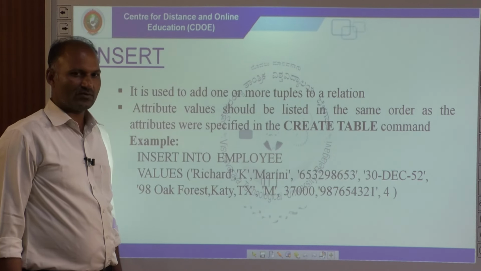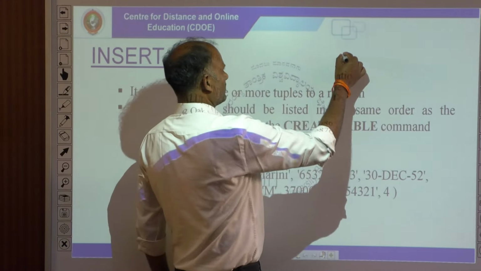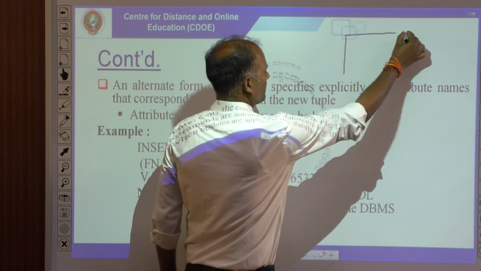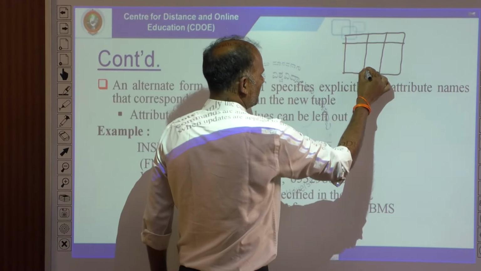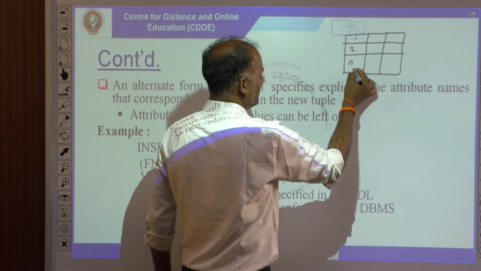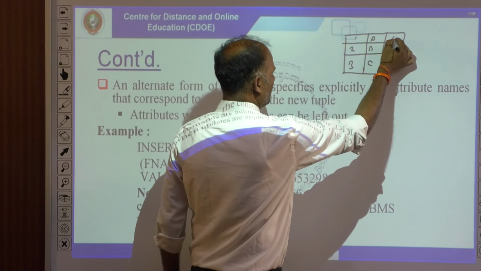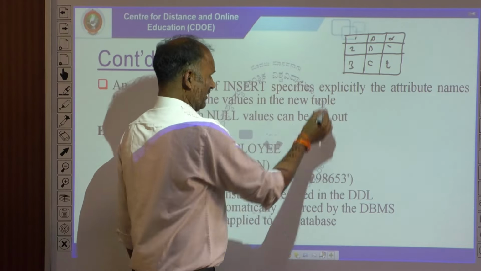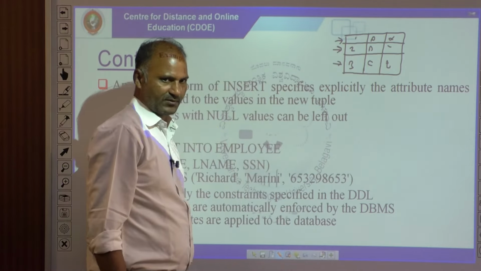Assume this is a table, called a relation, with some records, say 1, 2, 3, A, B, C, and X, Y, Z. These records are called tuples, which already exist in the table.